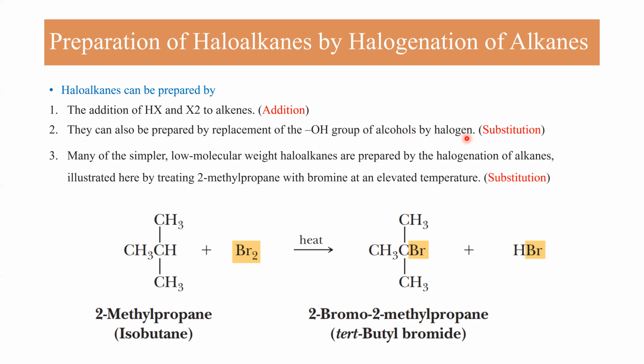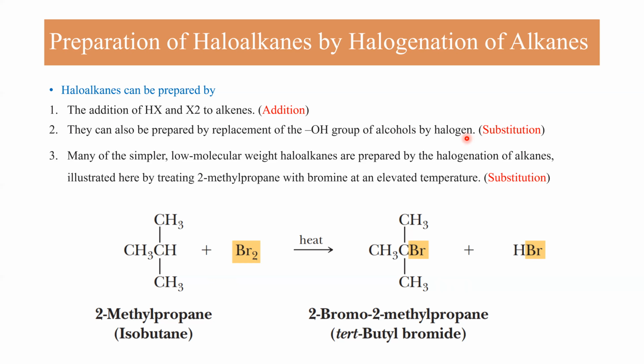So if we treat the alcohols with the halogen, that can also give the alkyl halides or haloalkanes as a product. That reaction is termed a substitution because we are replacing a functional group or atom by the halogen. So that is a substitution. And the first one was just an addition reaction.